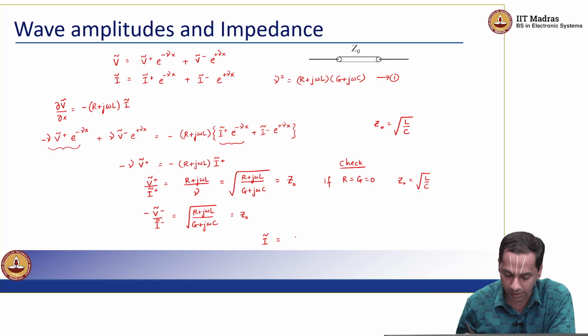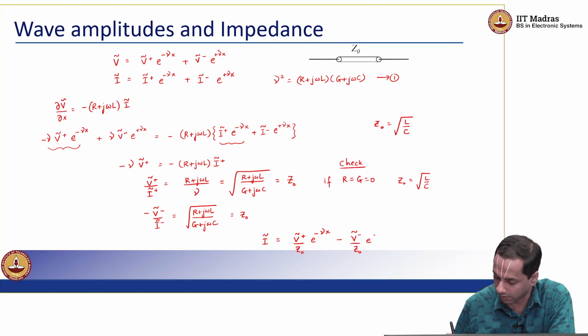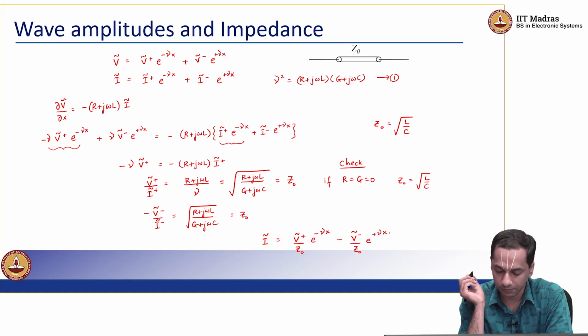So we can actually write I plus as V plus by Z0 e to the minus gamma x minus V minus by Z0 e to the plus gamma x. Okay.